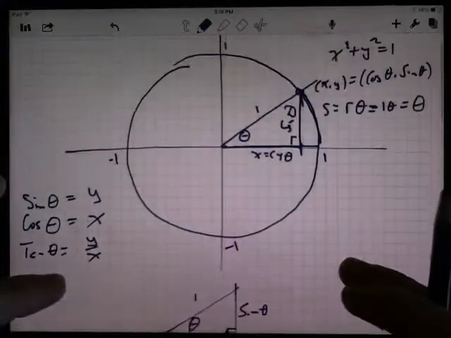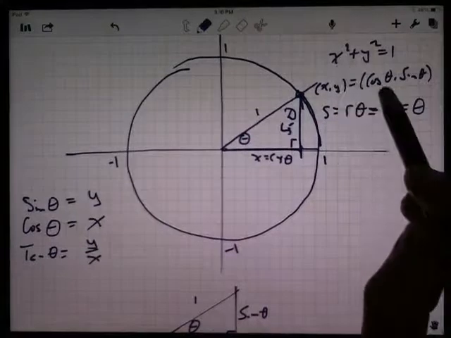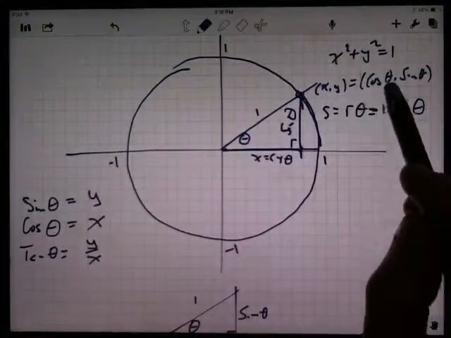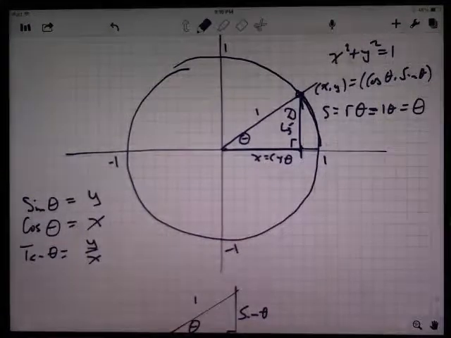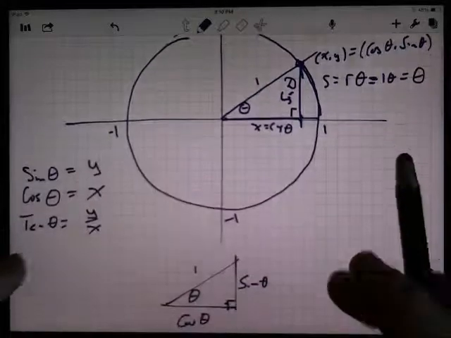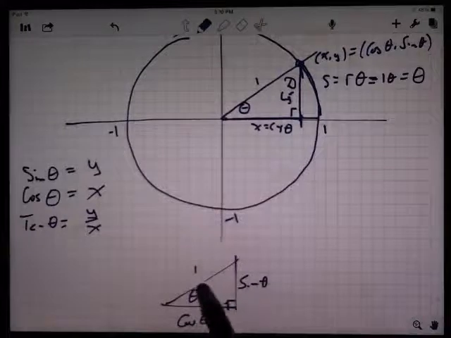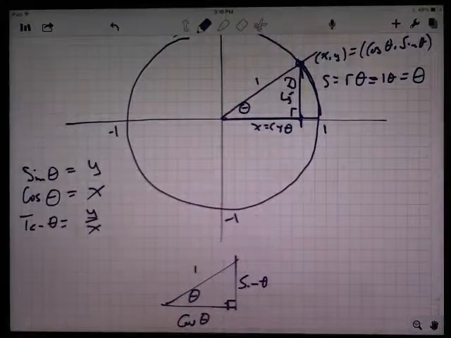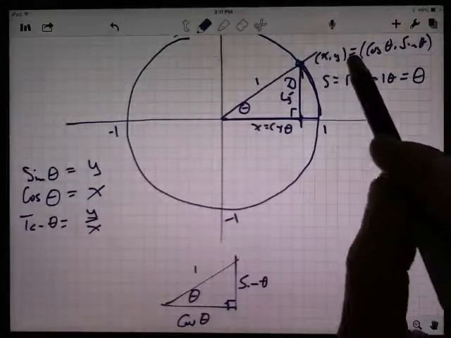Well, also up here, if you look at the equation of this circle, x squared plus y squared equals 1, well, x is cos theta, y is sine theta, so they're just plugging in the x and y coordinates into the equation of that unit circle. Okay. So even though we may not have thought in terms of circles before, that Pythagorean relationship, cosine squared theta plus sine squared theta equals 1, you can think of as talking about the equation of a circle, and you're just looking at x and y coordinates.